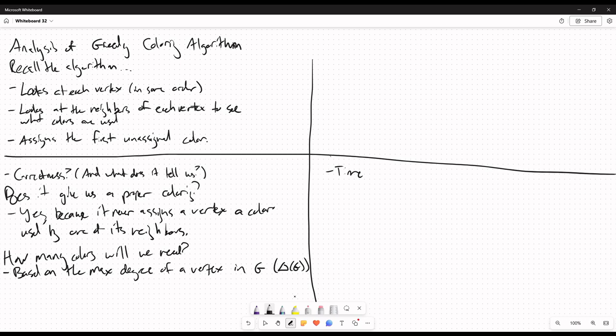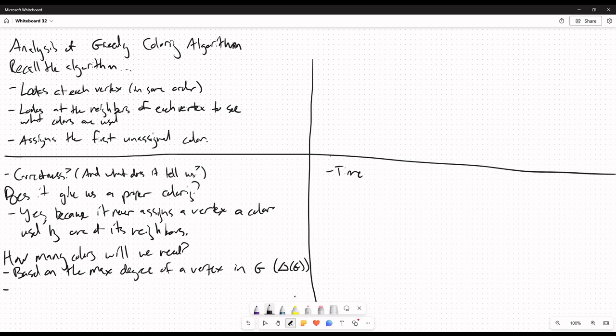If you don't remember, the degree of a vertex is just how many edges are coming out of it, or how many neighbors it has in this case. Because here we're just talking about undirected, simple graphs. We don't have multiple edges or anything like that. So the degree is just the number of neighbors it has, essentially. So how many colors will we need?